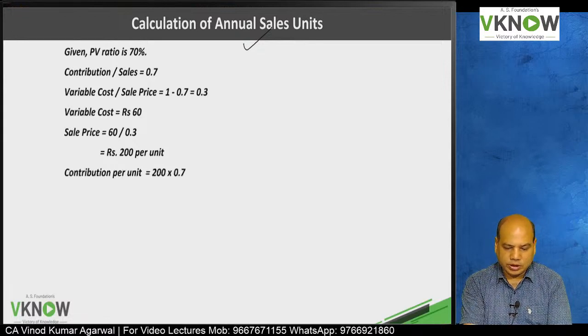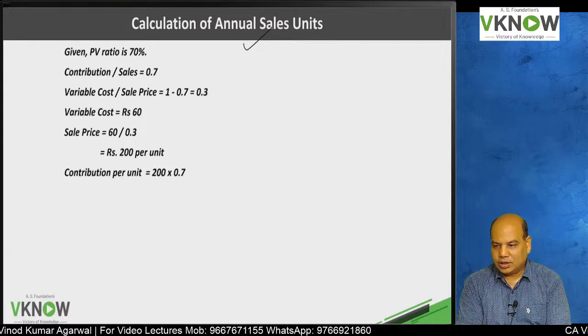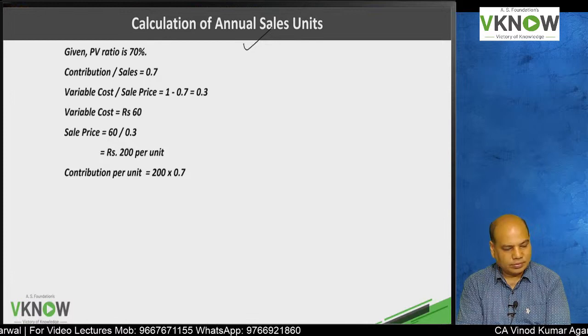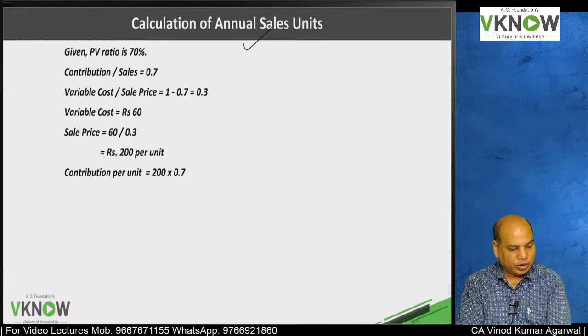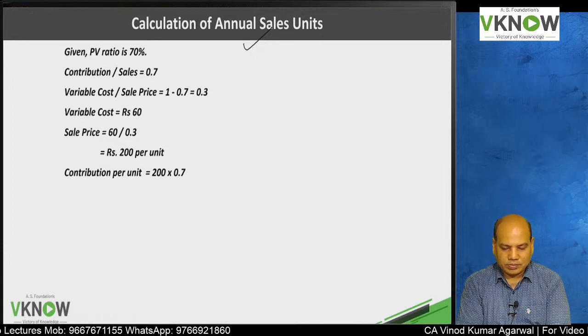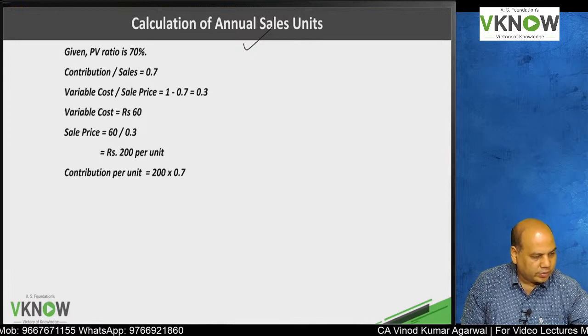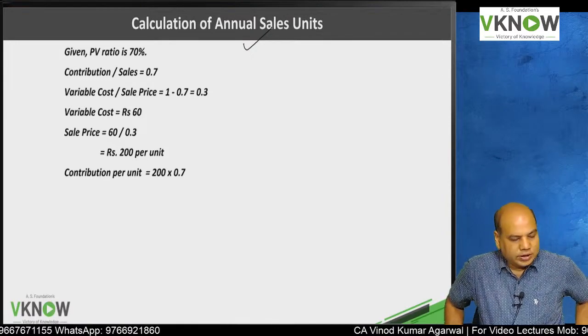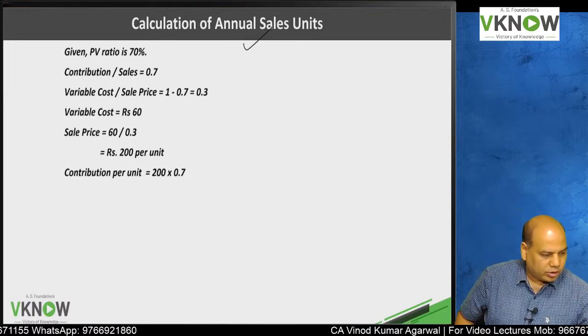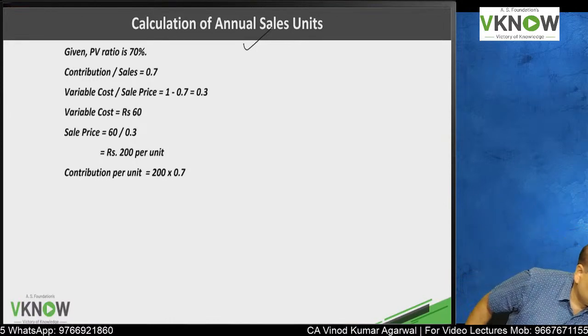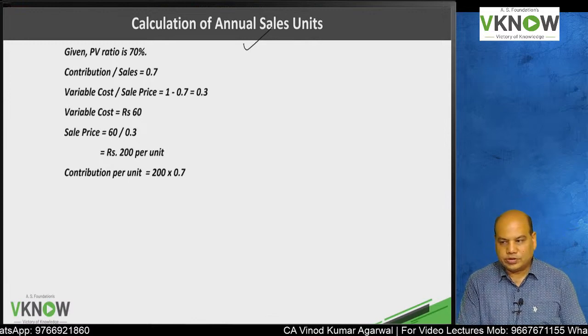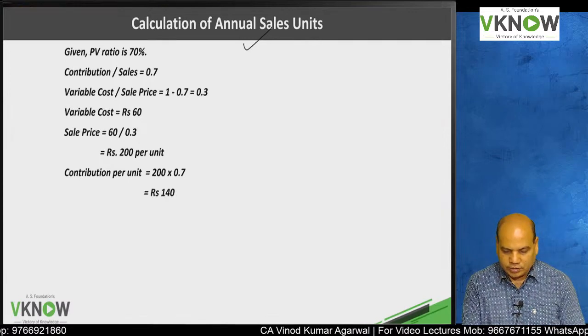Therefore, contribution per unit is 200 into 0.7. 200 into 0.7 is 140.